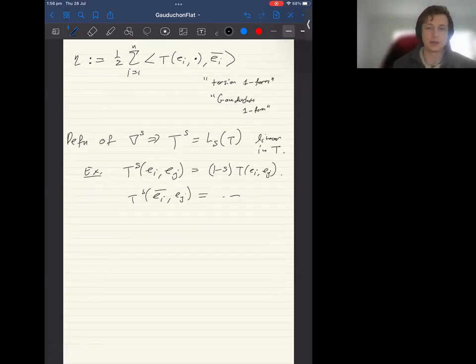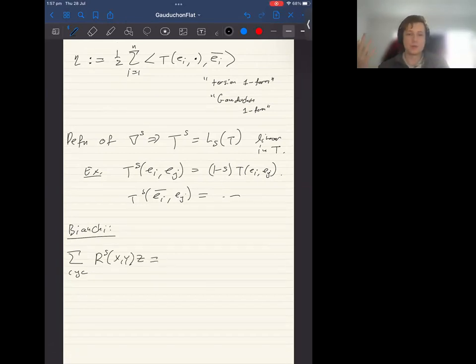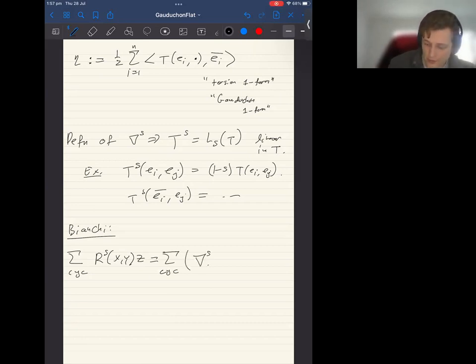Now, how are we going to use the Kähler-like condition or the flatness condition? Well, we have this Bianchi identity for general connections. If we take the cyclic sum of this quantity, then normally Bianchi would mean, like for Levi-Civita, this would be 0. But here we have a complicated expression in the torsion and its derivatives.